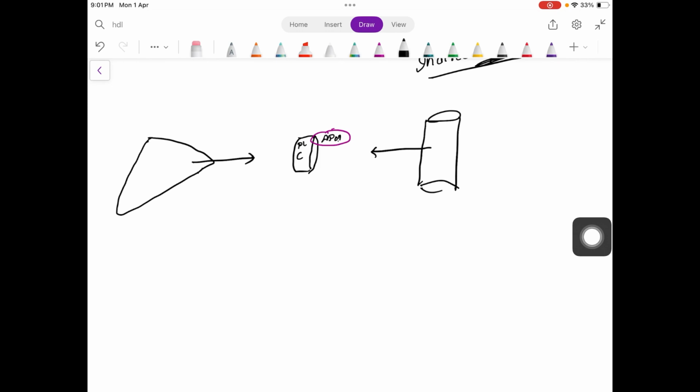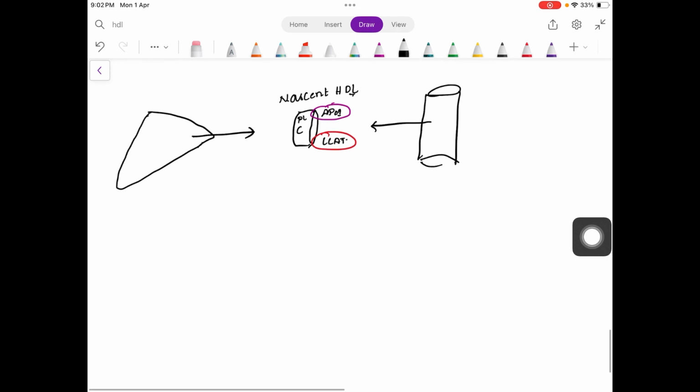This is ApoA1. This is called a nascent HDL. And this nascent HDL will be attached with the LCAT. This is LCAT. And this will be in discoid shape.